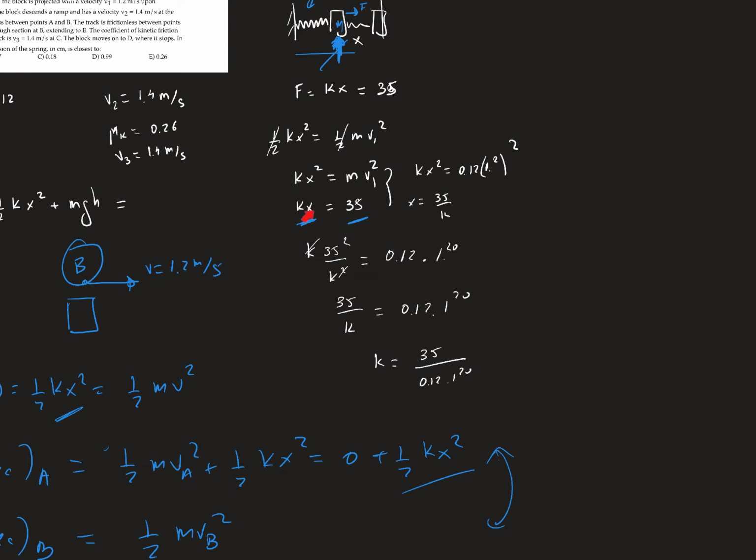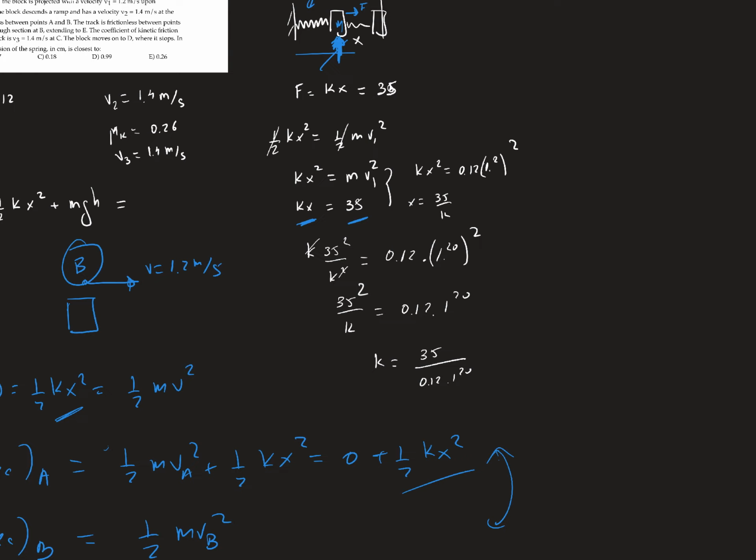So x is 35 divided by k. I will plug this into the first equation, and I will have k times x squared, 35 divided by k squared, so this will be 35 squared divided by k.